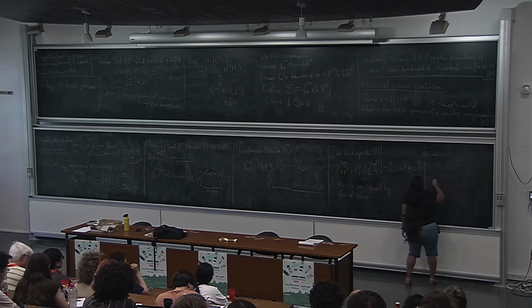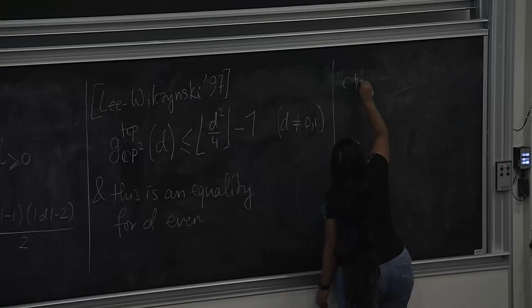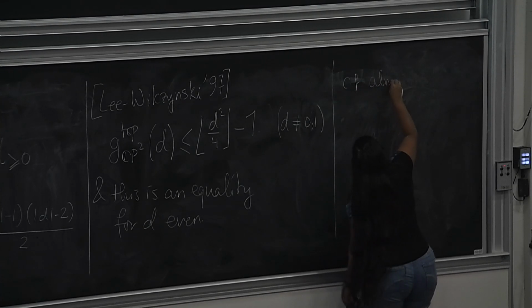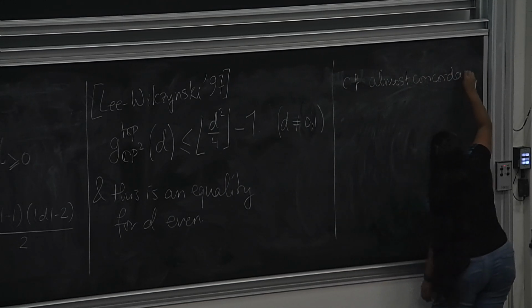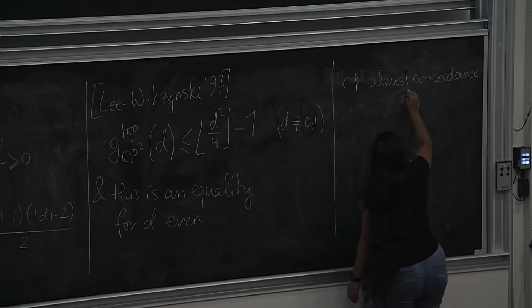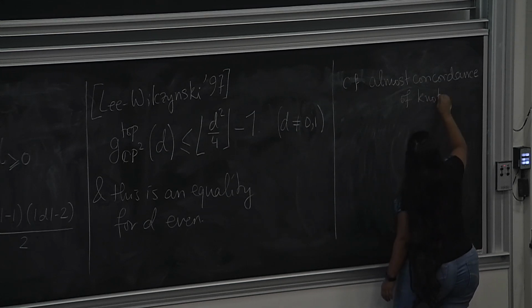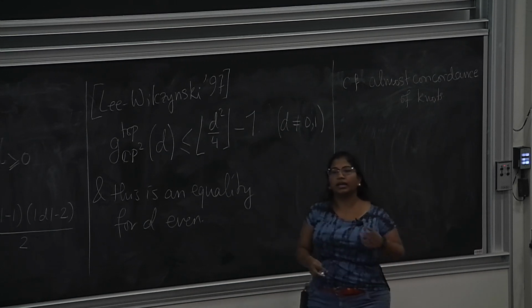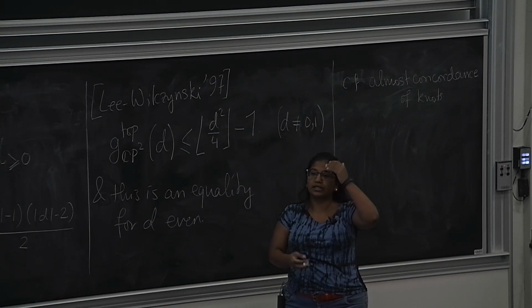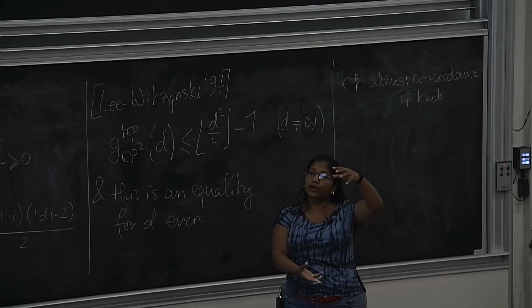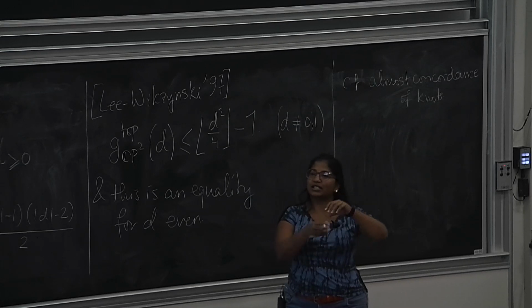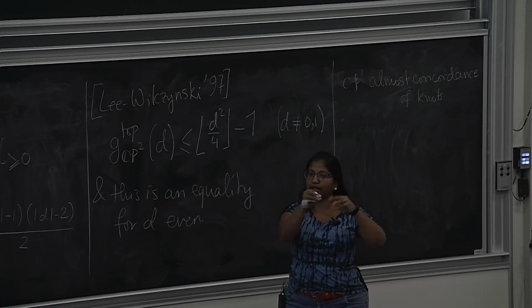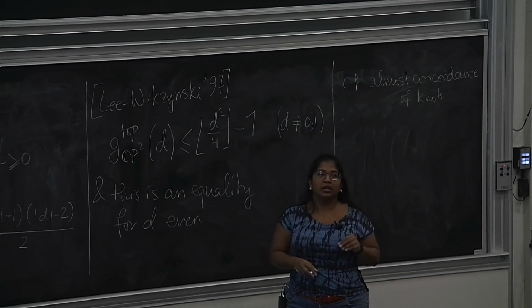There is something called almost concordance of knots. In an arbitrary three-manifold, you consider two knots to be almost concordant if they're related by a concordance, so an annulus, which is allowed to have PL cone singularities.